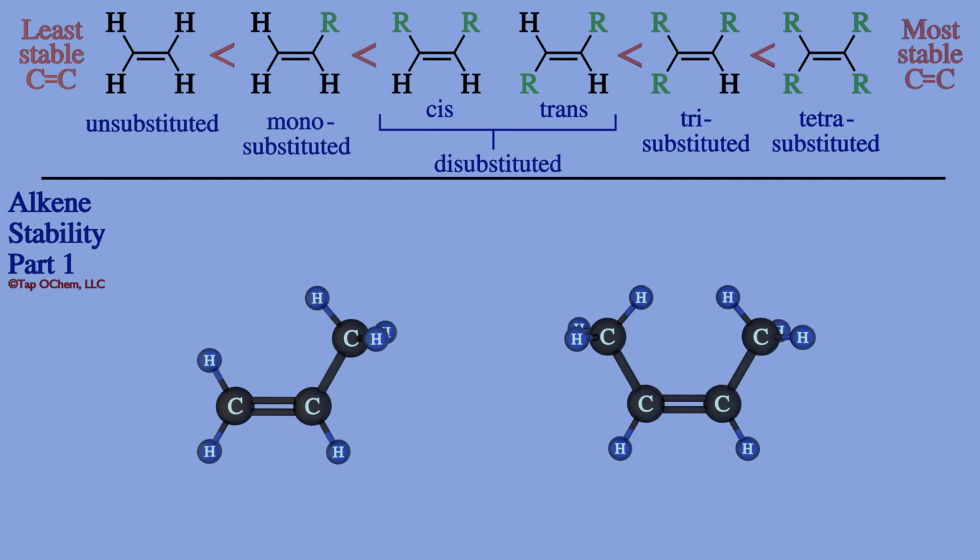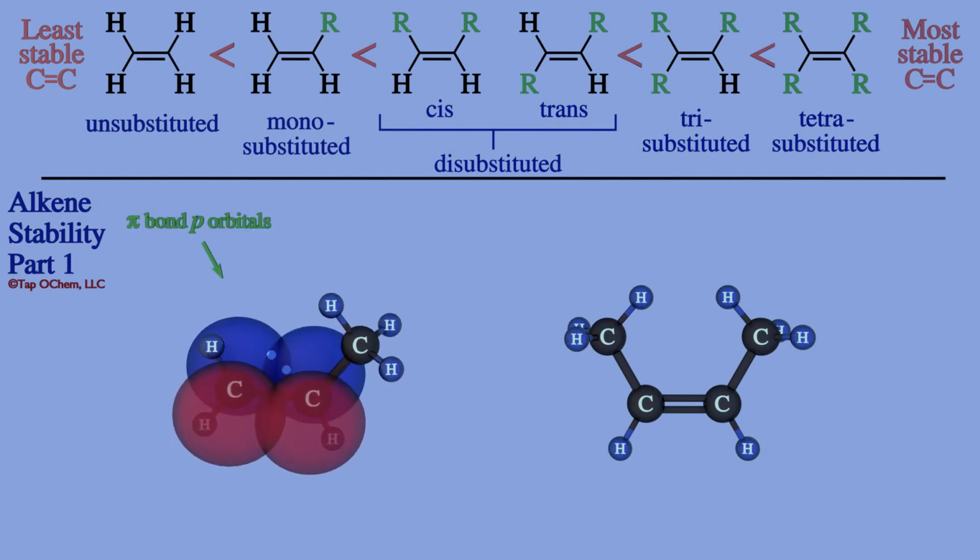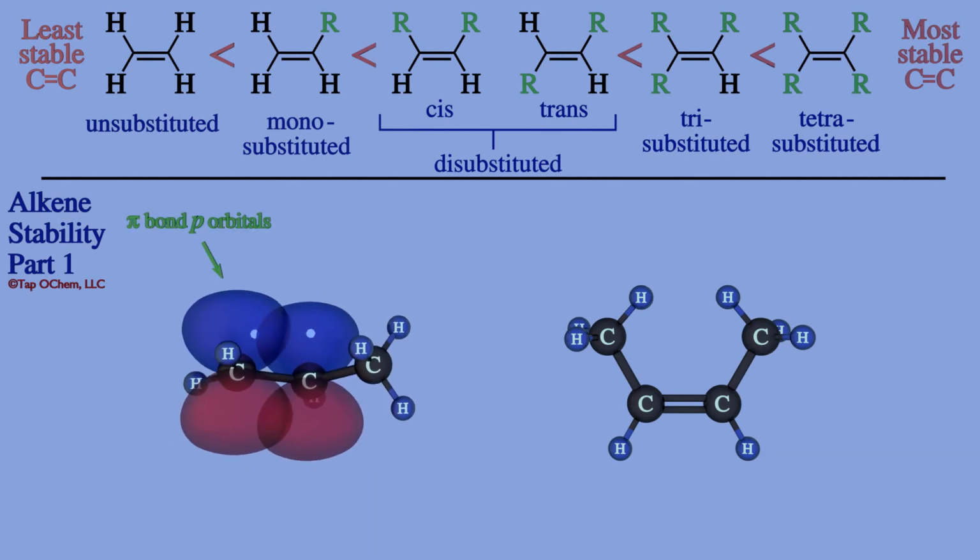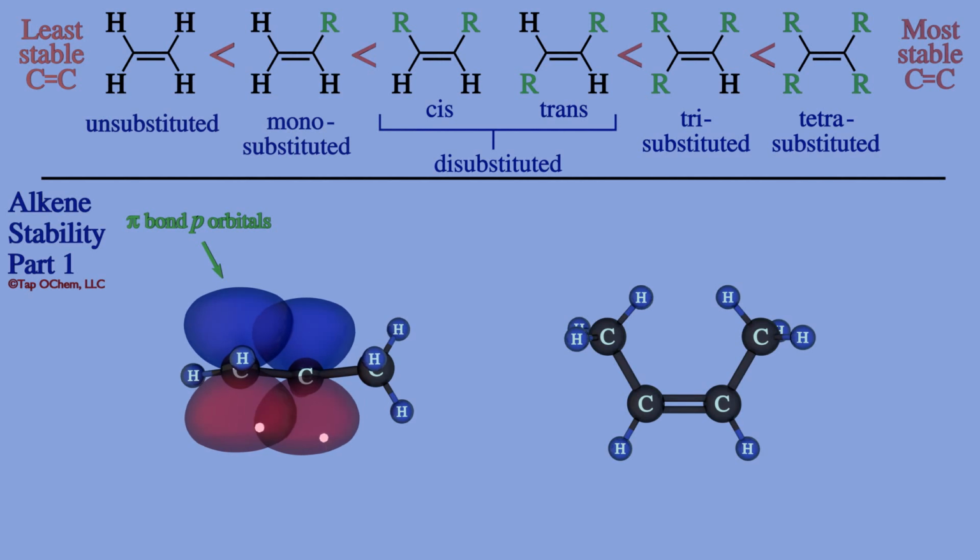The second reason for increased stability is that as we add alkyl groups to the carbon-carbon double bond, there is an increase in electron delocalization. To clearly see this in propene, let's first show the p orbitals that make up the pi bond. We will now show the orbitals of one of the methyl carbon's CH sigma bonds.